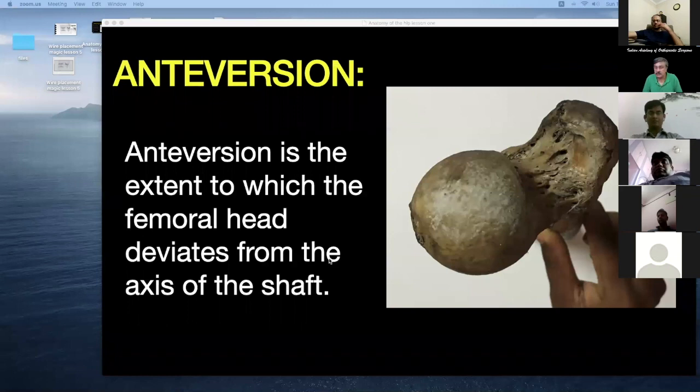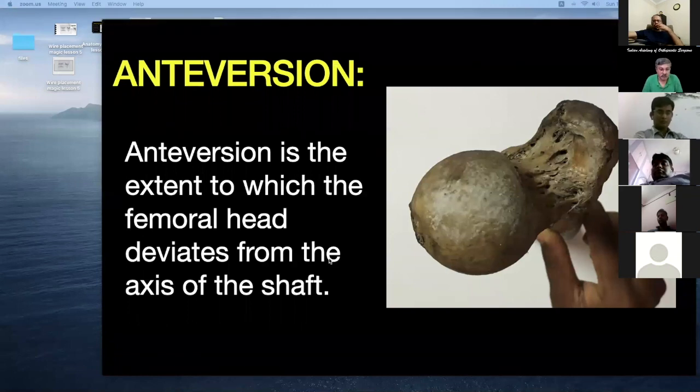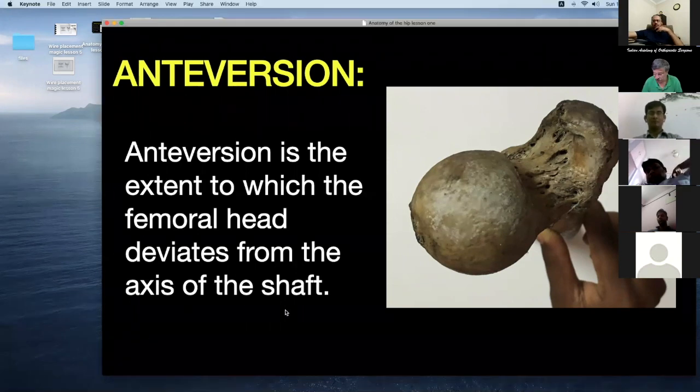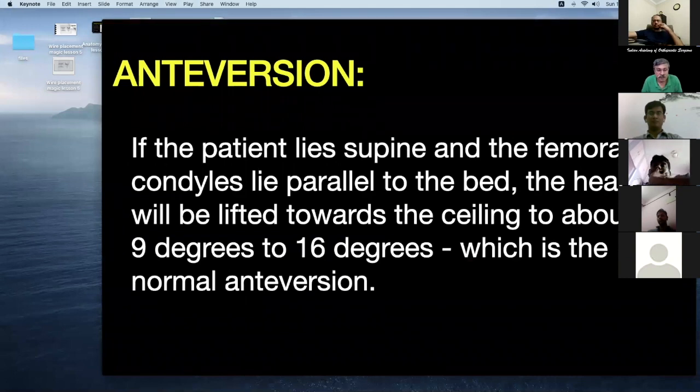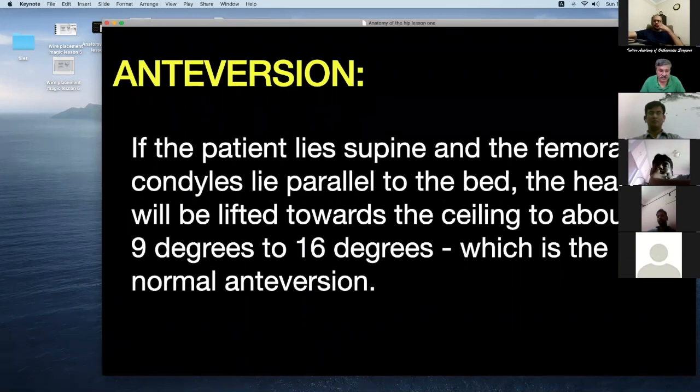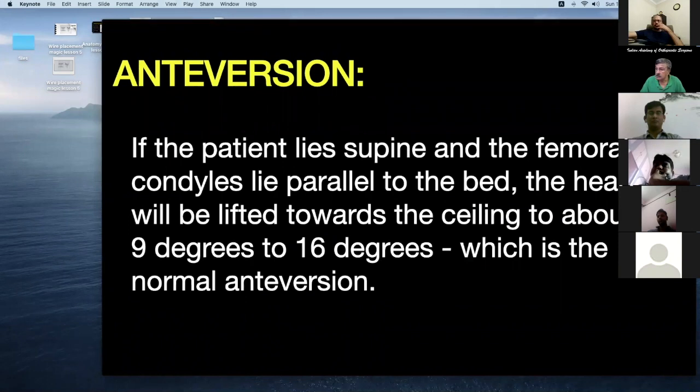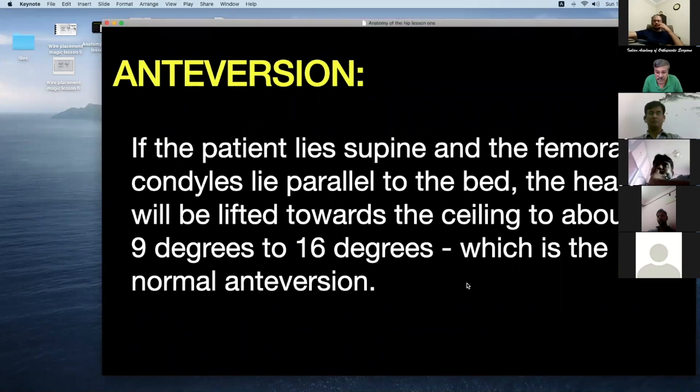So anteversion is the extent to which the femoral head deviates from the axis of the shaft. If the patient lies supine and the femoral condyle lies parallel to the bed, then the head will be lifted towards the ceiling about 9 degrees to 16 degrees, which is a normal anteversion.